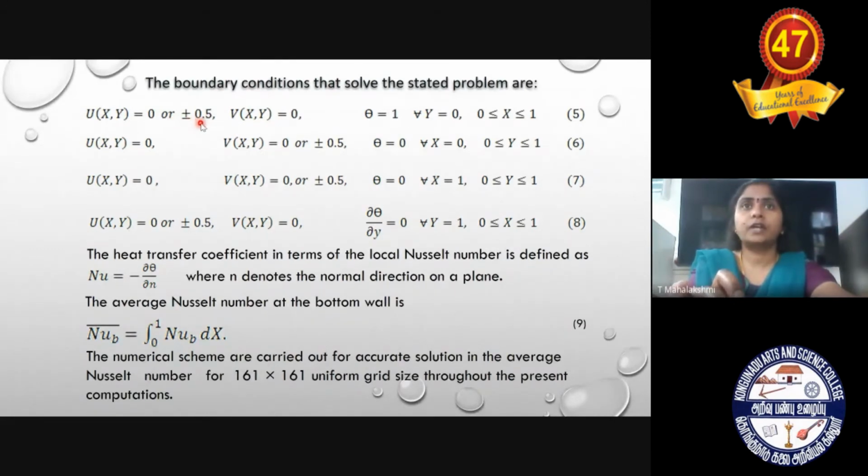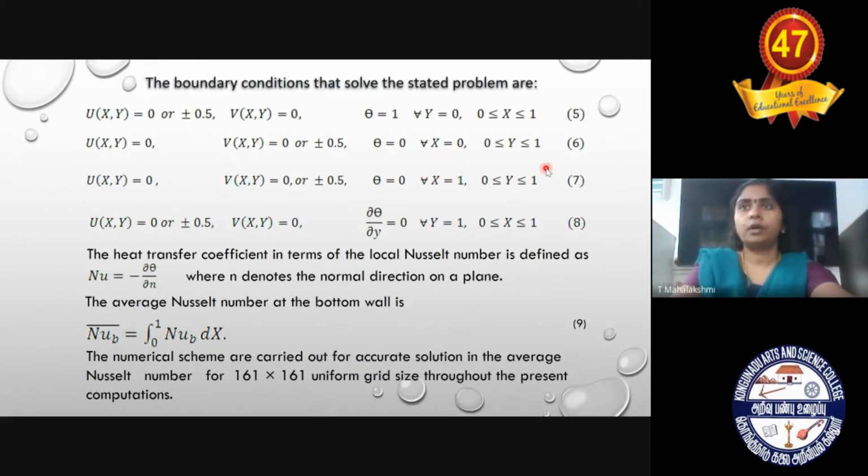If the wall is moving towards the x direction, it will be plus 0.5. If it is moving against the x direction, it will be minus 0.5. And for y, the velocity is 0 to plus or minus 0.5, and by keeping temperature as 0 at x is 0 and y lies between 0 to 1.